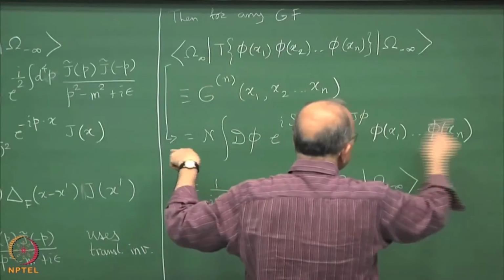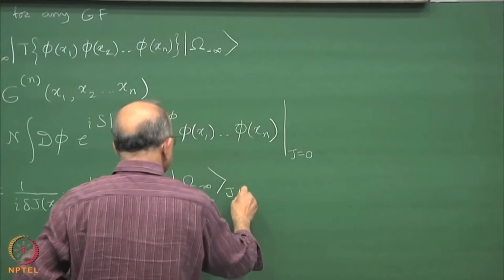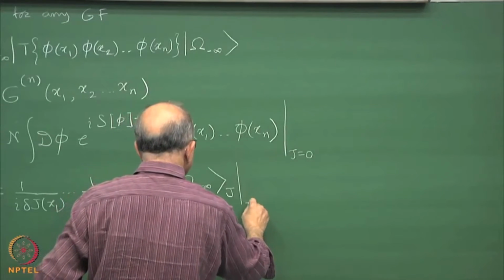So after doing this, one evaluates it at J equal to 0. So this is J but evaluated at J equal to 0.